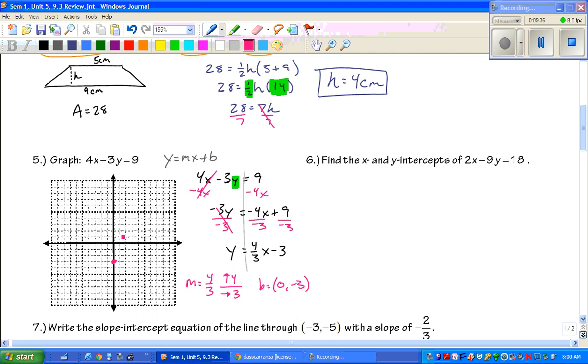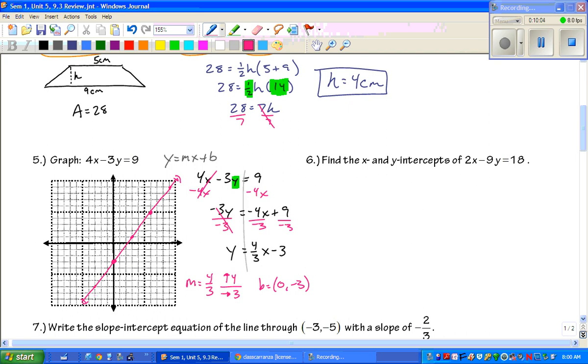And then we're going up 4 over 3. Up 4 over 3. So that's 1, 2, 3. Up 4 over 3. Okay? And then once you get everything set, go ahead and use a ruler and draw your line.